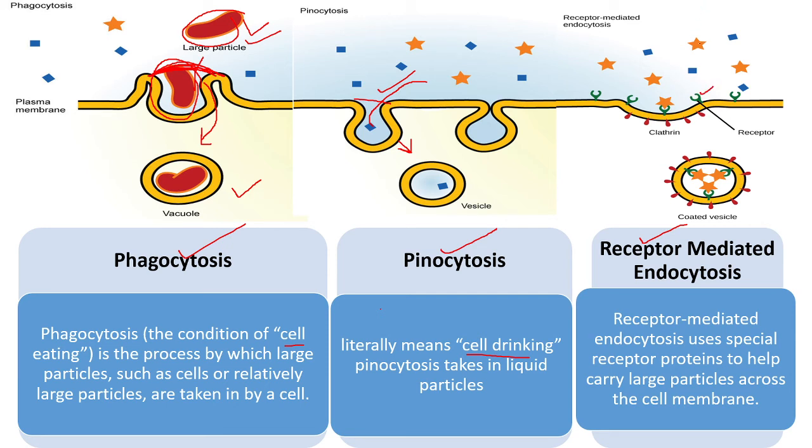These molecules attach to these receptors, and when they attach, invagination of the plasma membrane takes place, and proteins known as clathrin proteins coat the vesicle, and this vesicle pinches off from the membrane and transports these molecules inside the cell.